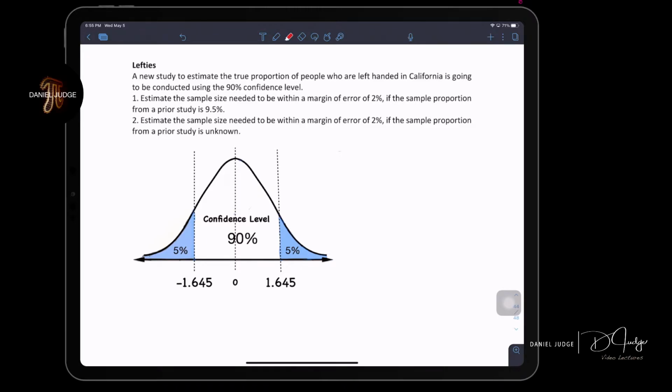They're going to say, a new study to estimate the true proportion of people who are left-handed in California is going to be conducted using the 90% confidence level.